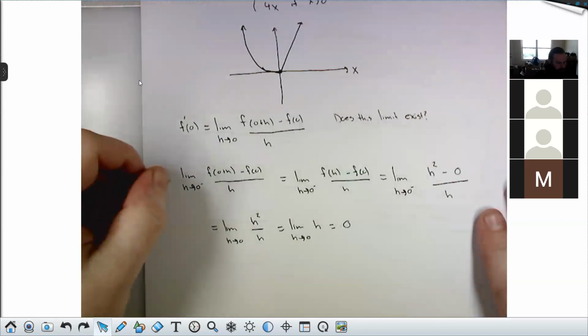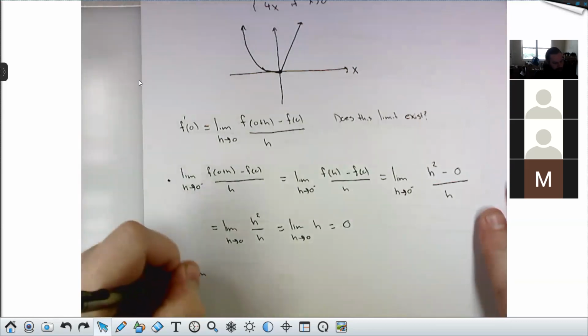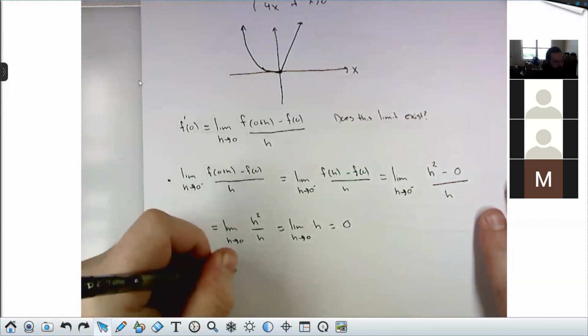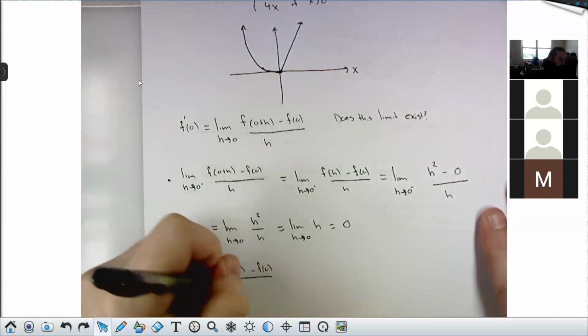If we look at the other one, the limit as h goes to 0 from the right of f of 0 plus h minus f of 0 all over h.